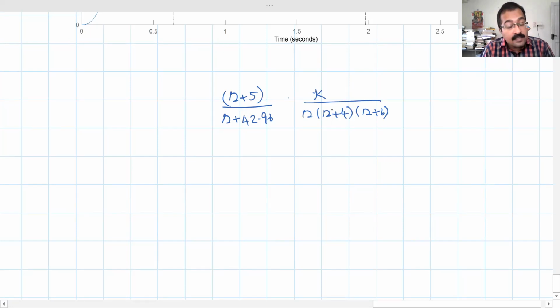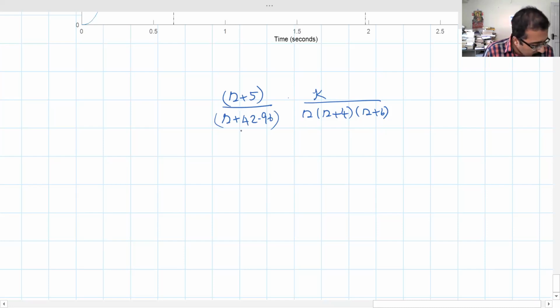No one told me there are infinite possible solutions. Suppose you choose your compensator zero to be at S equal to -5. Then there will be no pole-zero cancellation, so eventually your plant order gets increased. Originally it was a third order plant; now it has become a fourth order system. That's the difference.